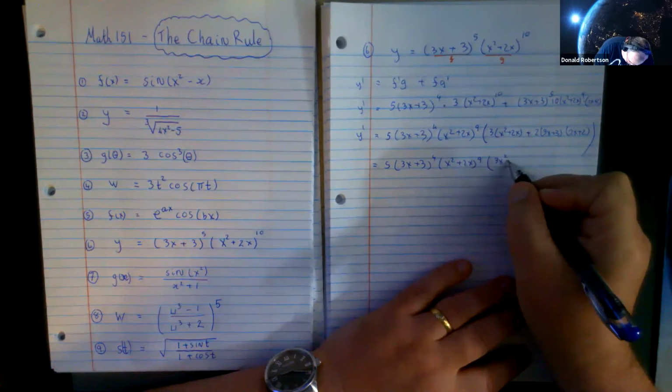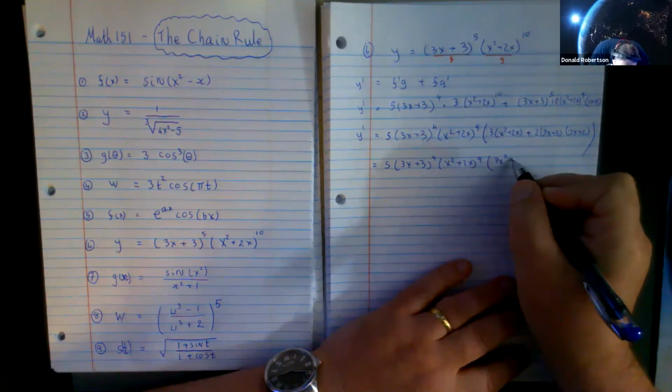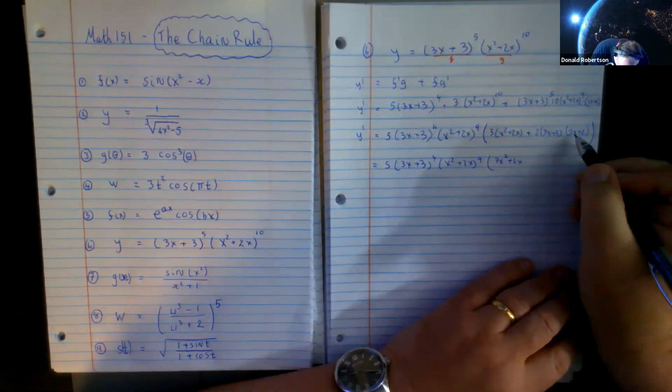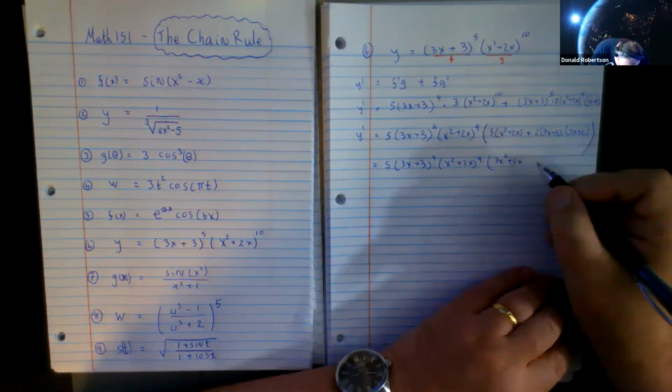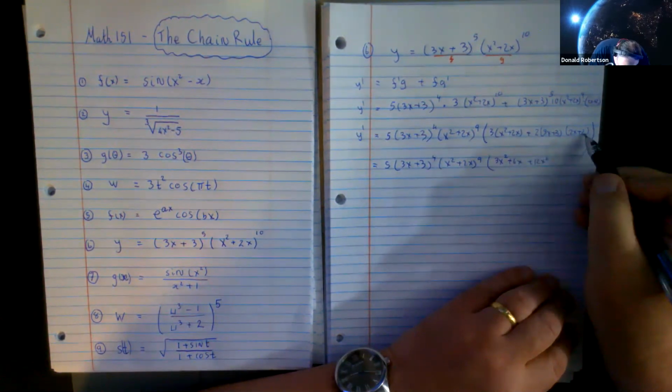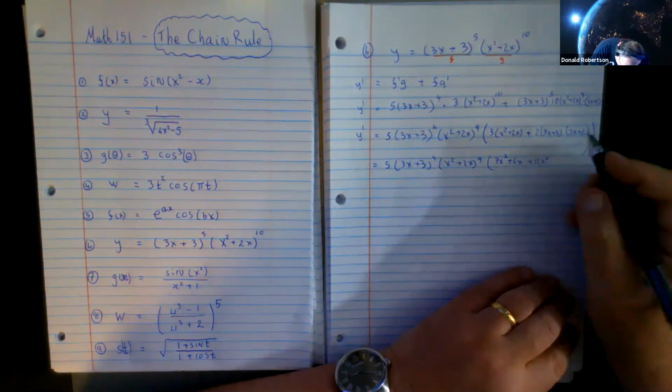Just going to distribute that and see what we get. 3x squared, add 6x. 5 times 3. 3 times 2 is 6, that's 12x squared. 3 times that is 6, 3 times that is 6, 12, double 12, that's 24x.